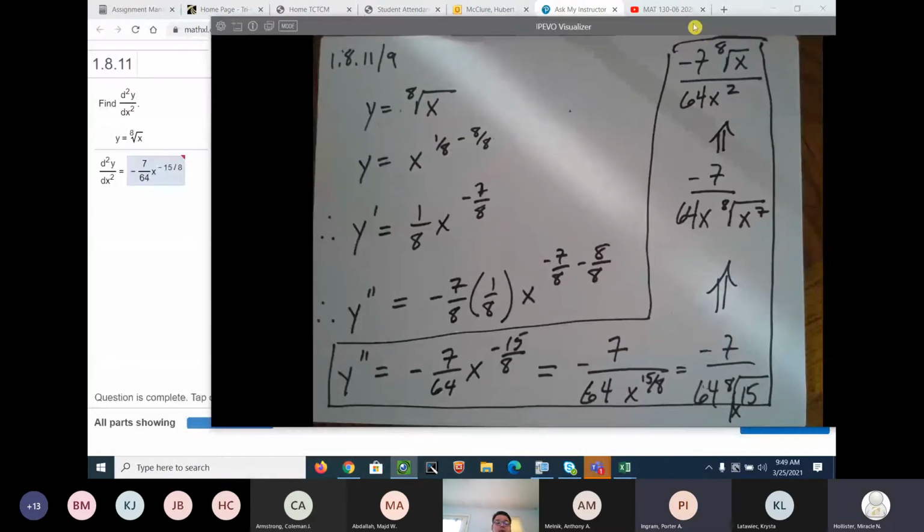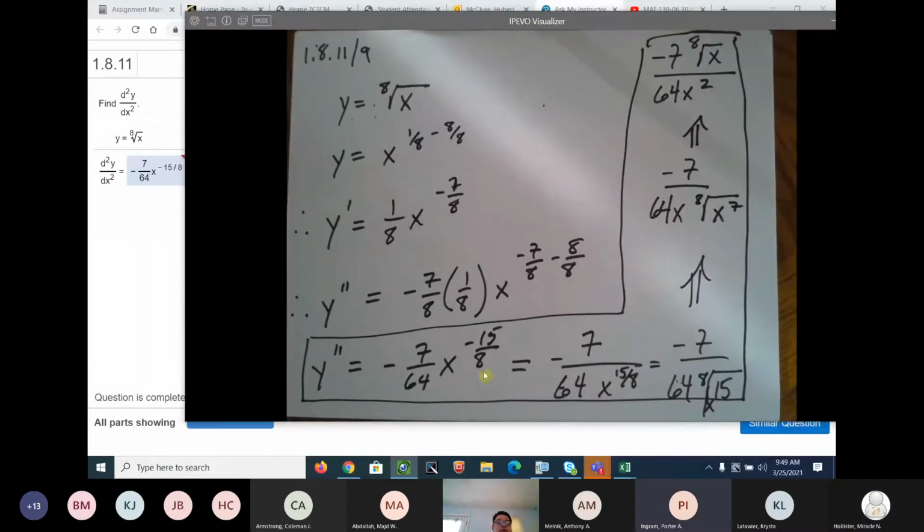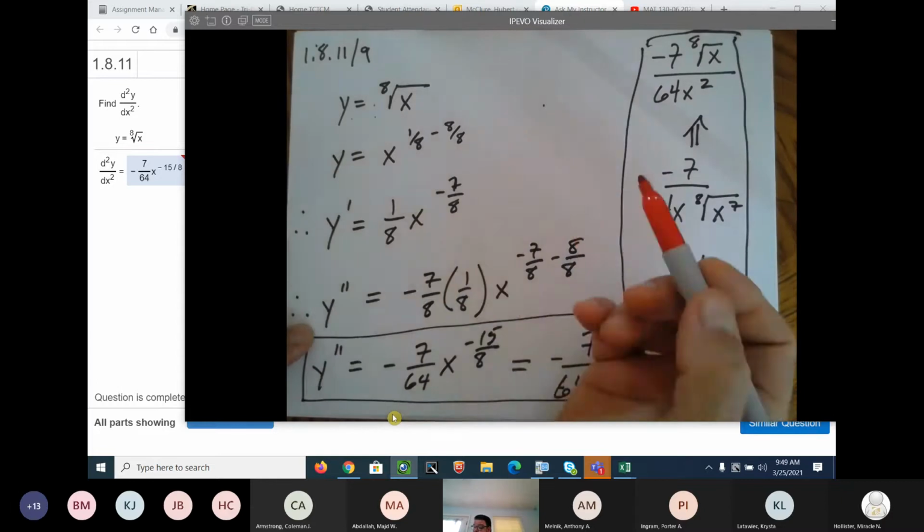I think it was the first one that you did. Yeah, they just did this one. So you need to make a note on this one that all they want is the negative exponent. They just want that right there. And don't forget that this is the first derivative right here.